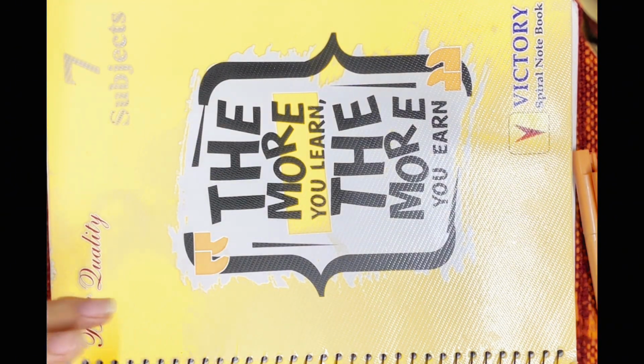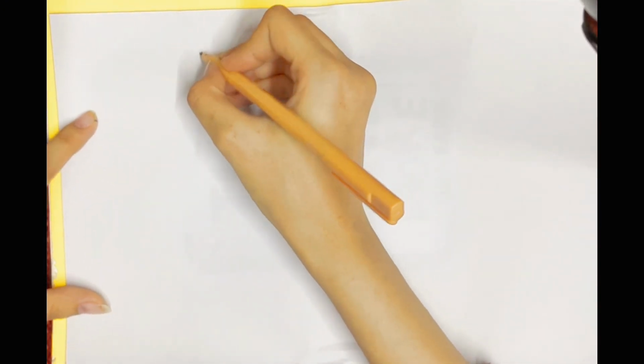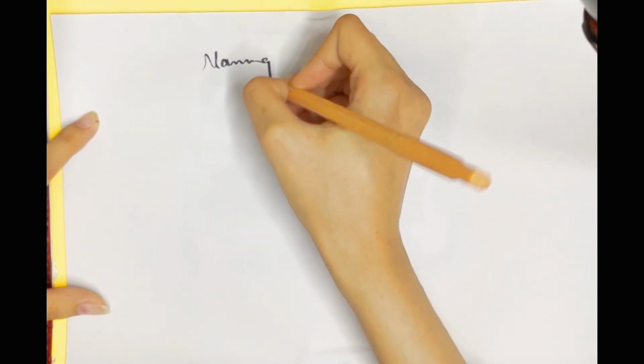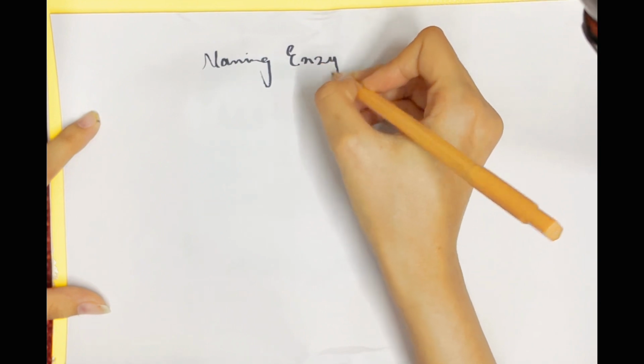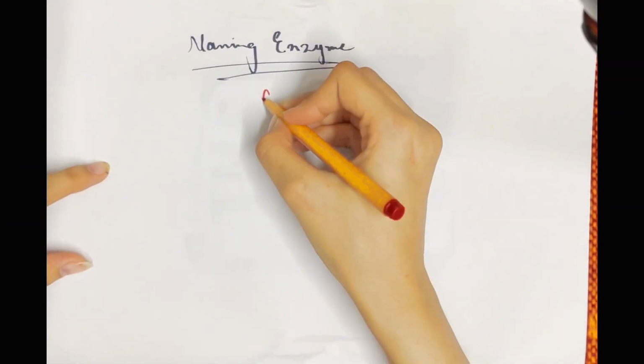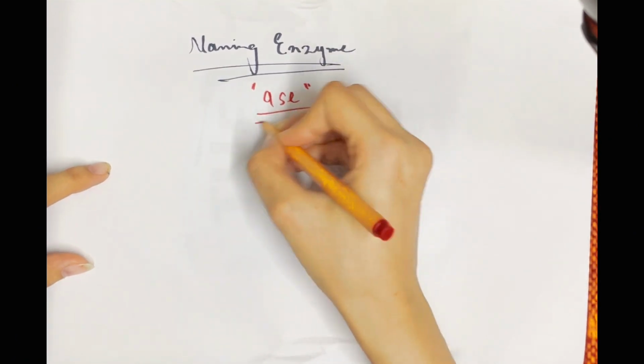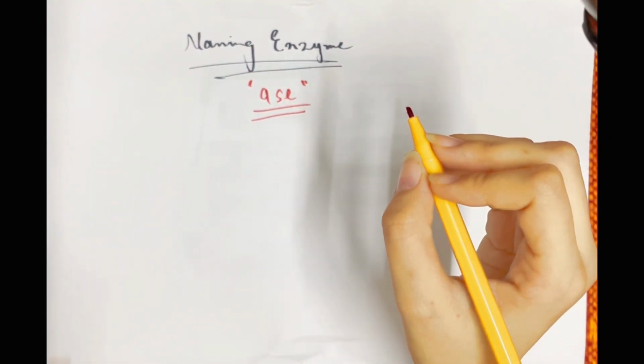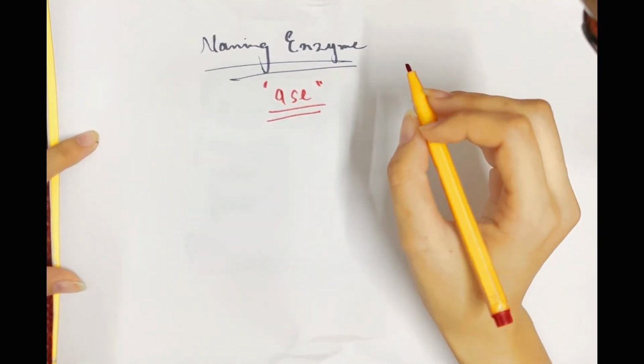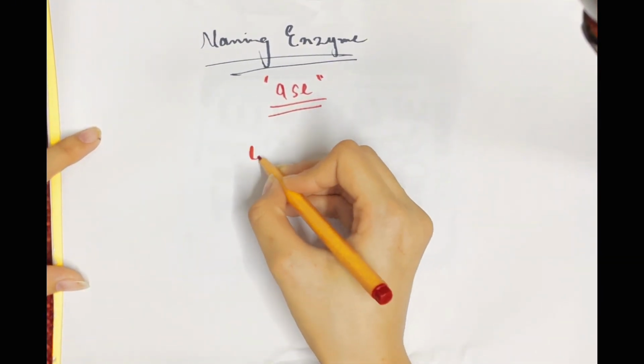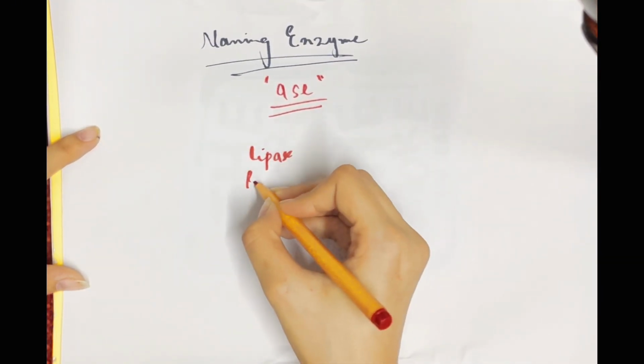These are some of the small points that we all need to remember about enzymes. And lastly, we are going to discuss how we can name an enzyme. The last topic that we have for today is naming enzymes. This is a very simple process. Anything that has "ase" in it is an enzyme. For example, lipase, protease.